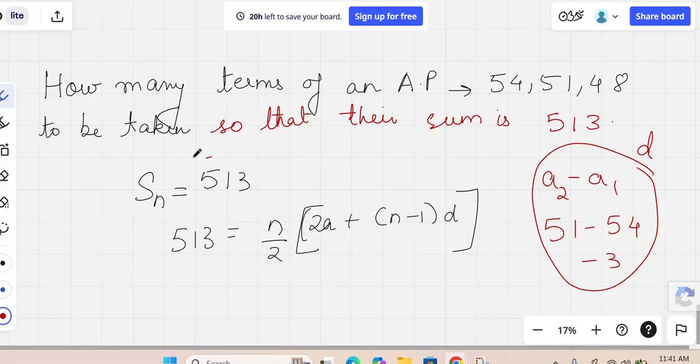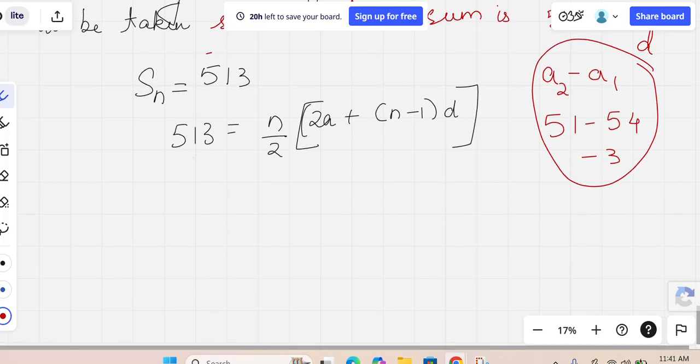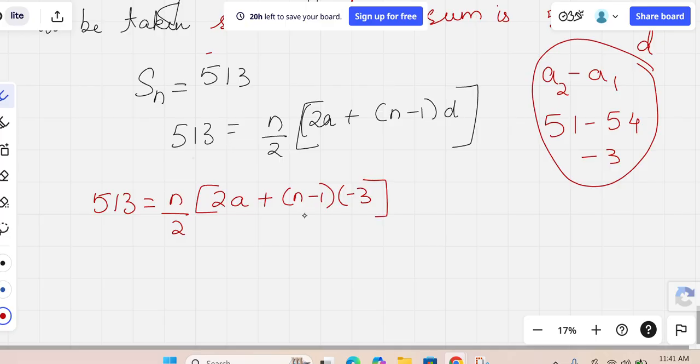Yes, ma'am, A is 54. 513 equal to n by 2. Oh, A is 54, right?